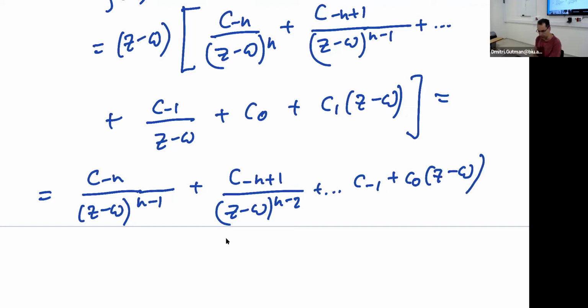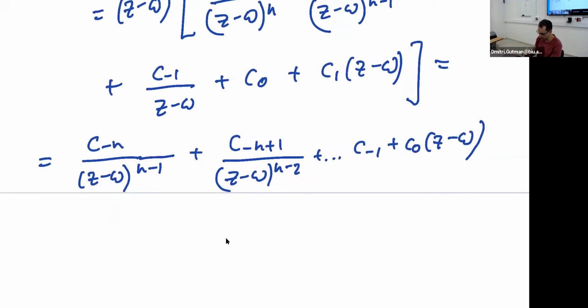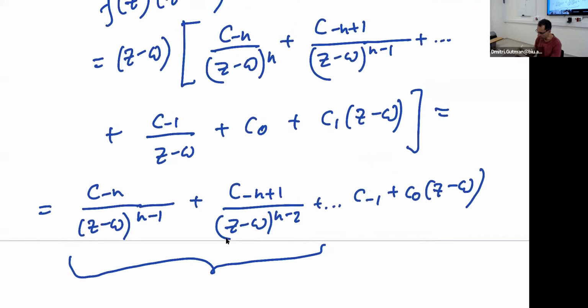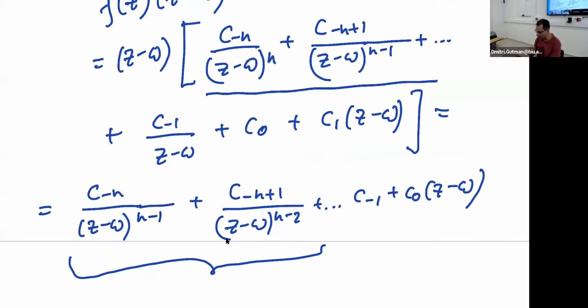And if you try to take the limit, you will get that all these terms blow up and the limit would be infinity, unless, of course, the expansion starts with c minus 1. If you have a pole of degree 1, in which case none of these terms would be present, then you will be absolutely right. You multiply by z minus w, then this term will be the only one that survives, and all other terms will vanish.